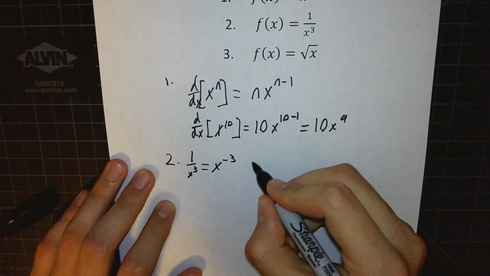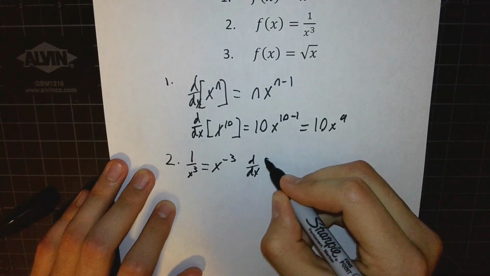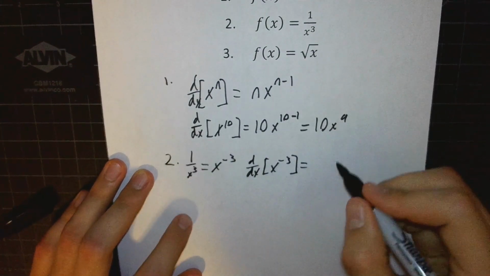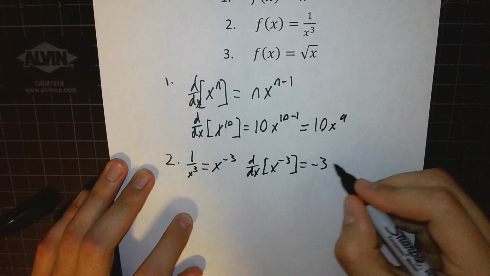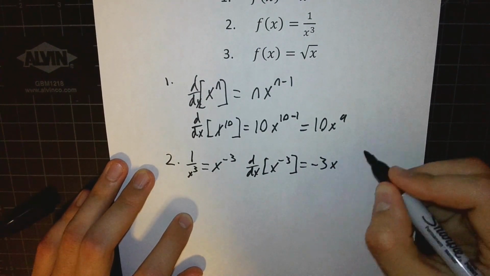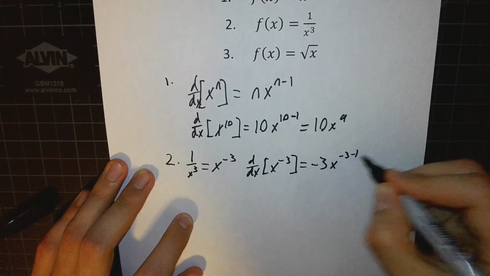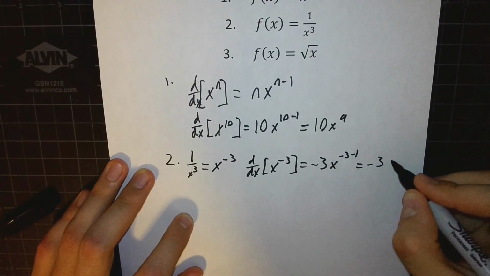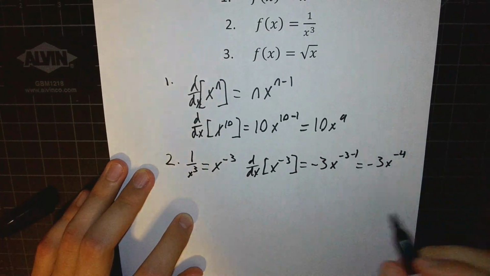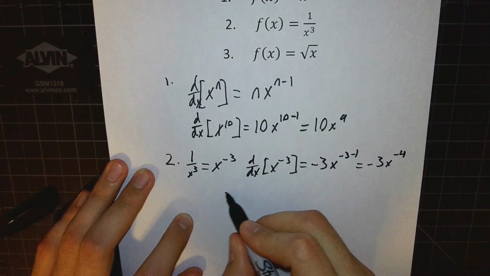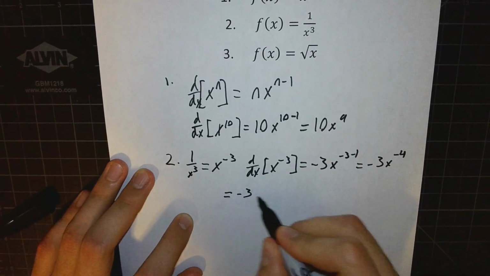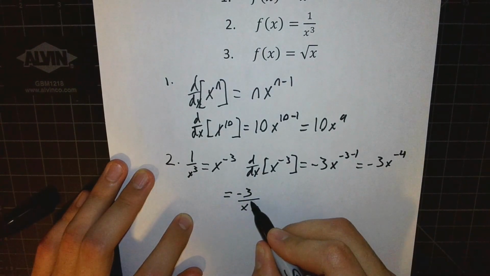We'll take the derivative of x to the negative 3, and that's going to be equal to negative 3 times x to the negative 3 minus 1. So this is negative 3x to the negative 4, also known as negative 3 over x to the 4th.